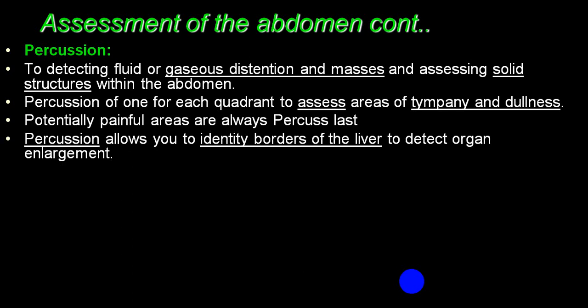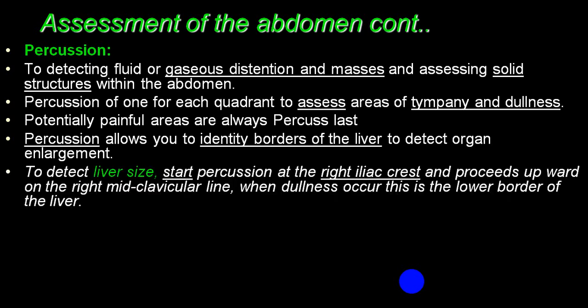While identifying the border of liver, percuss from right iliac fossa towards the right hypochondrium to identify the lower border of liver, and percuss from right clavicle, that is first intercostal space on the right side, down to identify the upper border of liver.